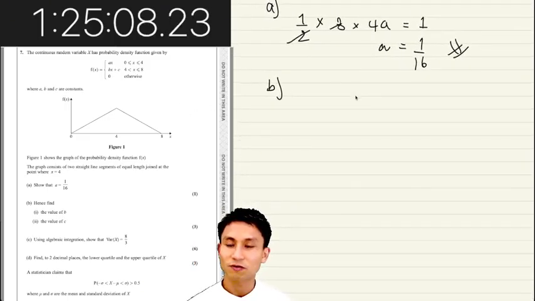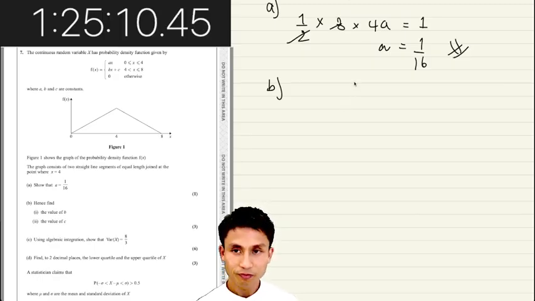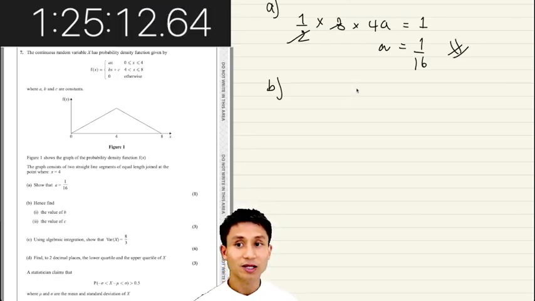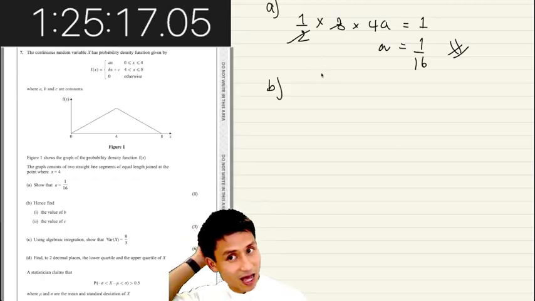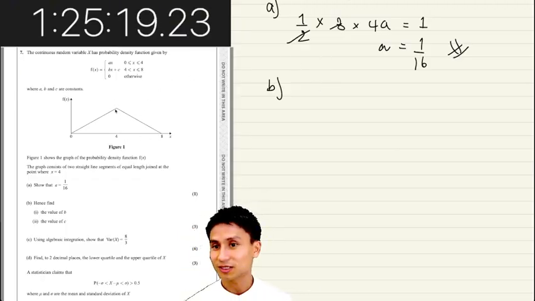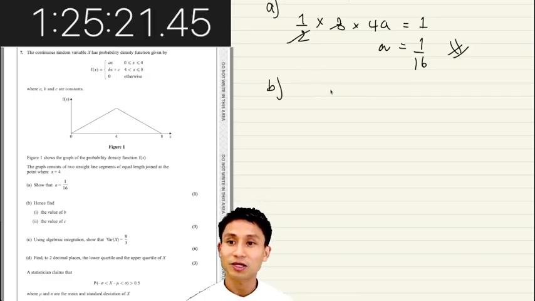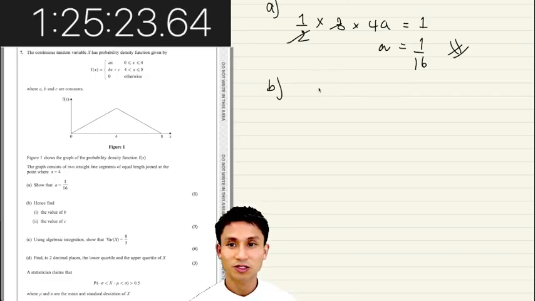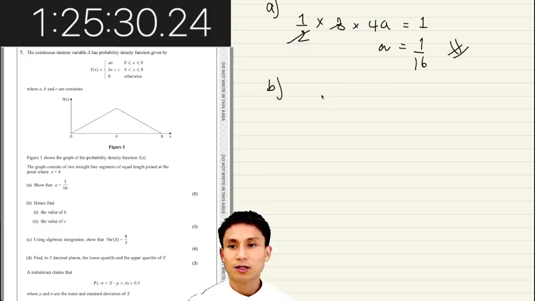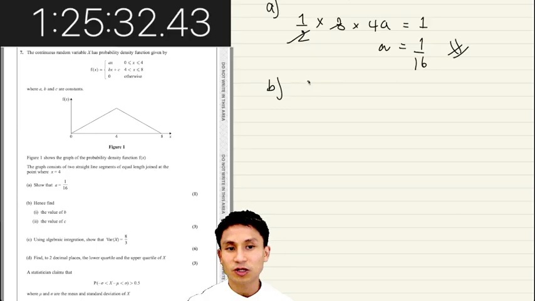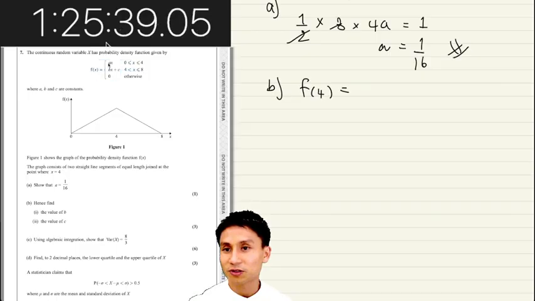All right, so the value of b. We can integrate as well. The area of the first part is already half, because this is symmetrical. So that means the area of the other part, if we integrate this, or we can substitute 4 into the probability density function, in the first part too.